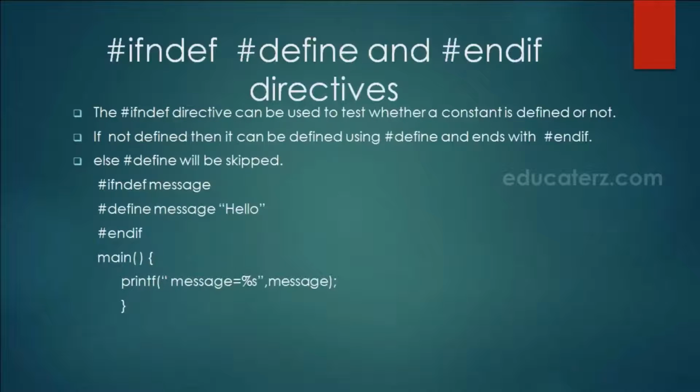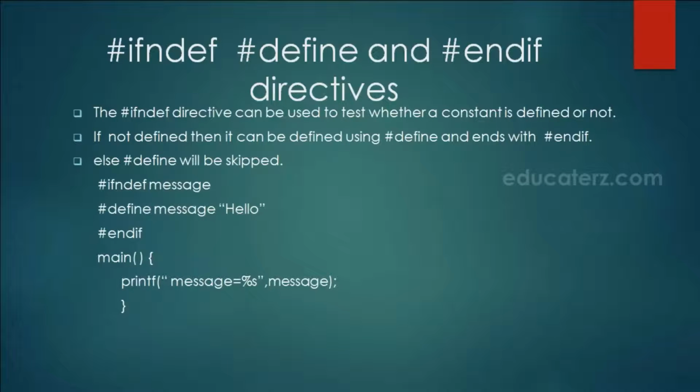Then we have directives #ifndef, then #define and #endif. It means if not defined. It is used to test whether a constant is defined or not. If not defined, then it can be defined using #define, and then it ends with #endif.